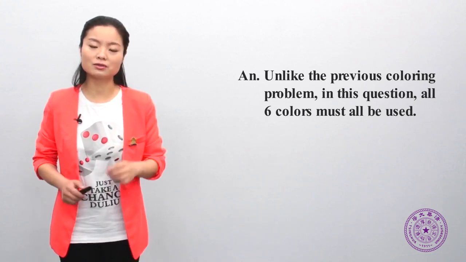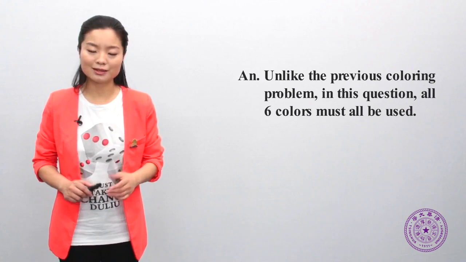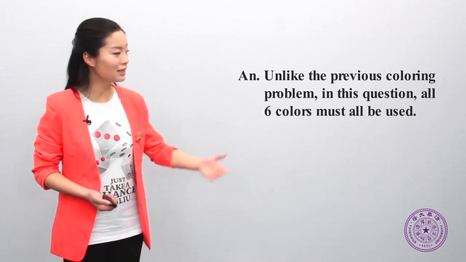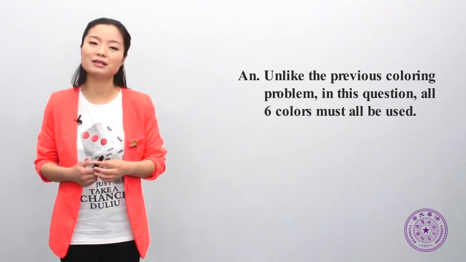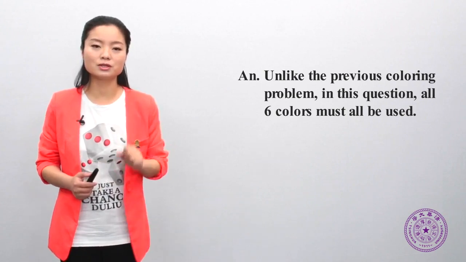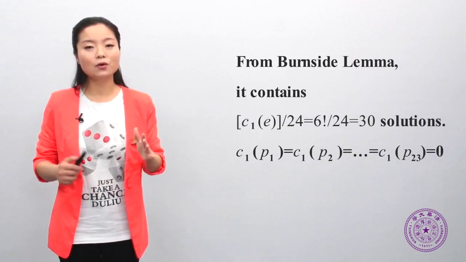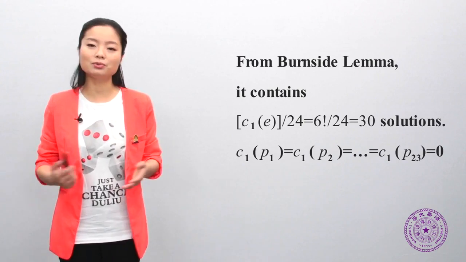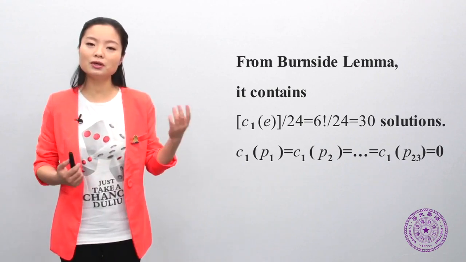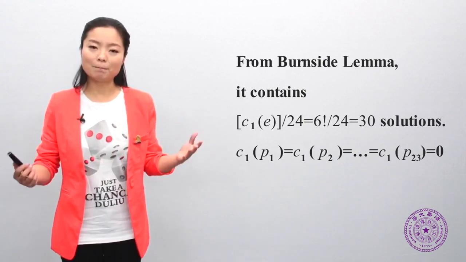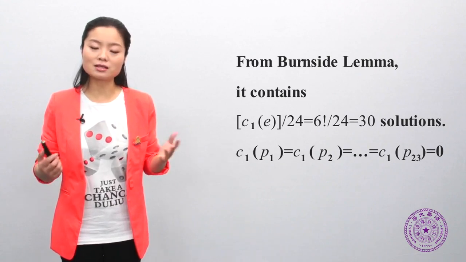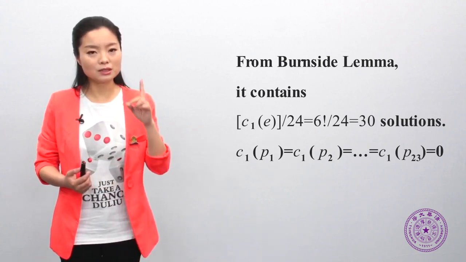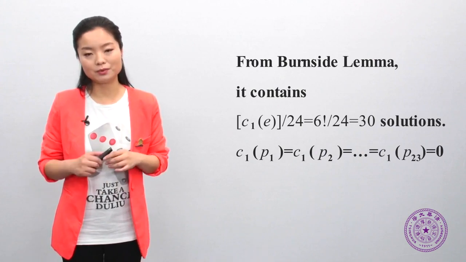For this question, in fact, we would regard each face with different dots as a 6 coloring on faces, so no 2 faces have the same color. First, we need to consider the permutation group of the regular hexahedron. We use 6 coloring to make it a rotation group. We only need to consider the fixed points for the cube. There are a total of 24 permutations of the faces.